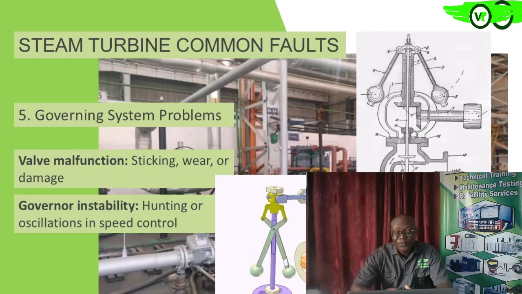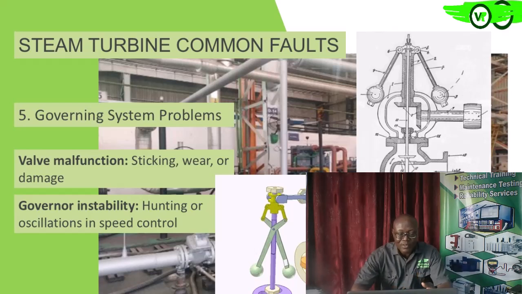So if we are looking at those electronic governors, malfunctioning of the electronic circuit, maybe sensors providing inaccurate speed or inaccurate load feedback, all of those can affect the governing system.